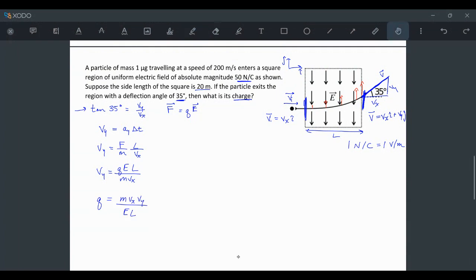So if we solve that for Vy, we can make the substitution that Q is equal to m Vx squared tan 35 divided by EL. So what I've done is replace Vy with Vx tan 35. This is our final algebraic answer. Everything on the right-hand side is a magnitude, so what we get on the left-hand side, the charge, is also a magnitude.